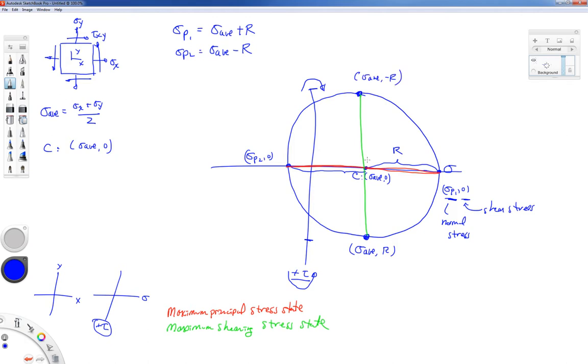Again, the first number represents the value of the normal stress at that stress state, sigma average for the maximum shearing stress state, and then the second point represents the shearing stress. The maximum shearing stress in the plane is r, the hypotenuse of the triangle that I drew a couple lectures ago, or the radius of my circle here that I have.